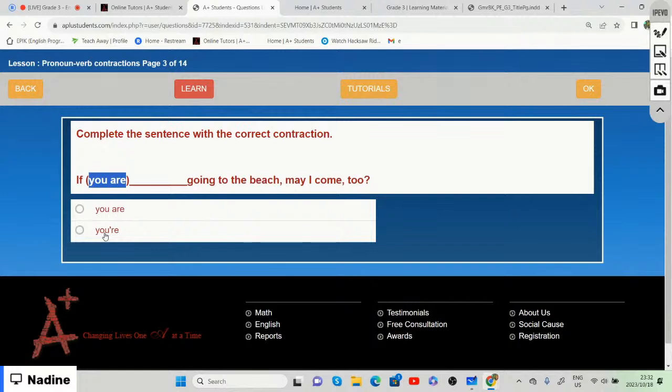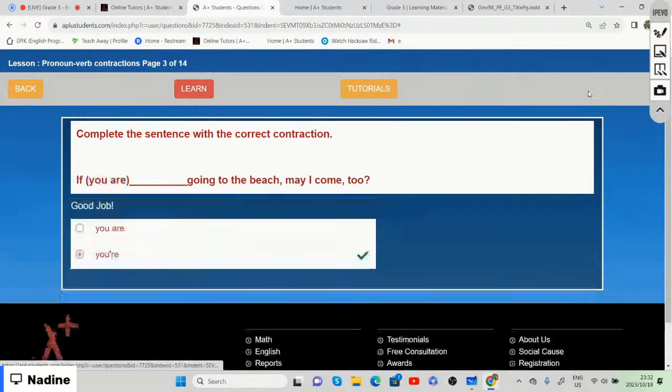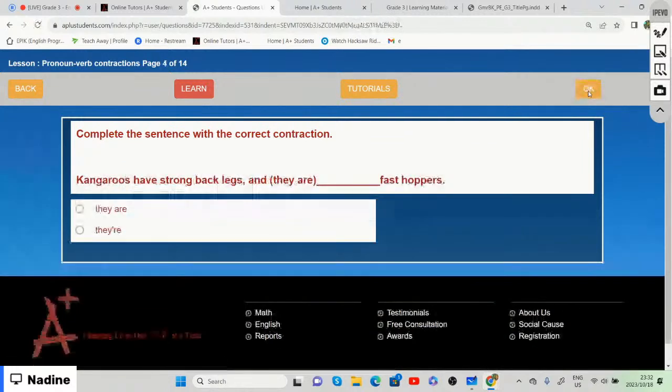All right. Remember, if we shorten these two words and find the contraction, we add an apostrophe where the letter was left out, and then we will say it is you're. Remember, you need to add your apostrophe. If the apostrophe is not there, then it is not a contraction. So you're is correct. Well done.